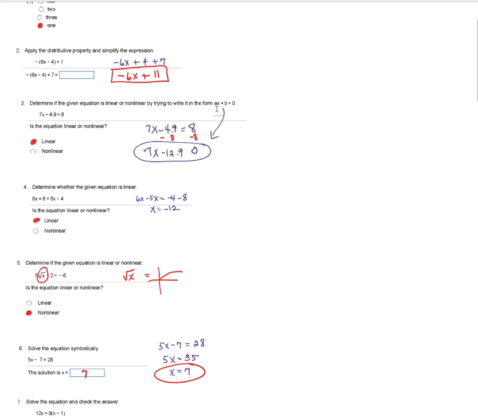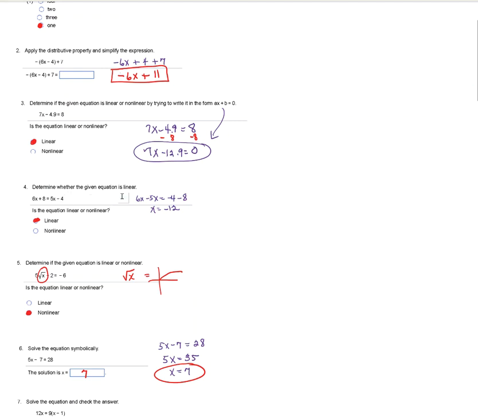So if we're trying to get to ax plus b equals 0, we can subtract 8 from both sides, and then that will leave 0 on the right, and we'll have 7x minus 12.9 on the left. So that is a linear expression.